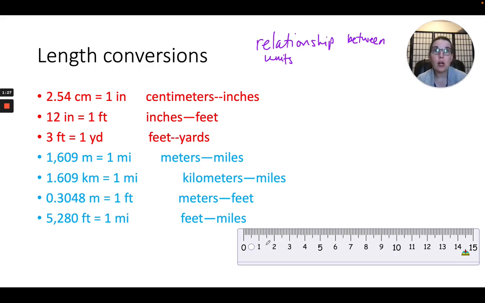And so if we ever wanted to convert any measurement that we had that was in centimeters, we could use this relationship right here, and I'll show you how to do that in the next video, to convert into inches. Okay, and all these in red here, these are relationships. Actually, I messed up here, but these ones right here.